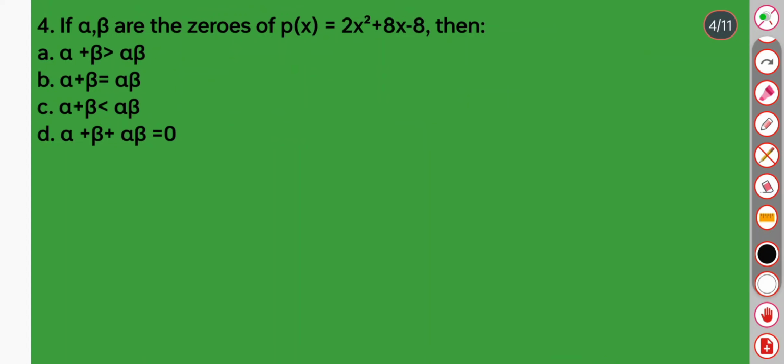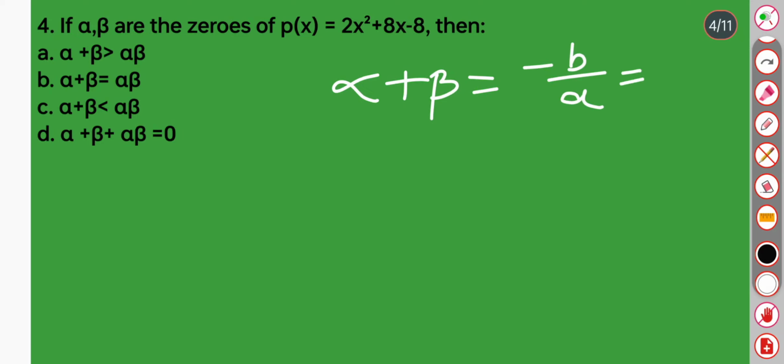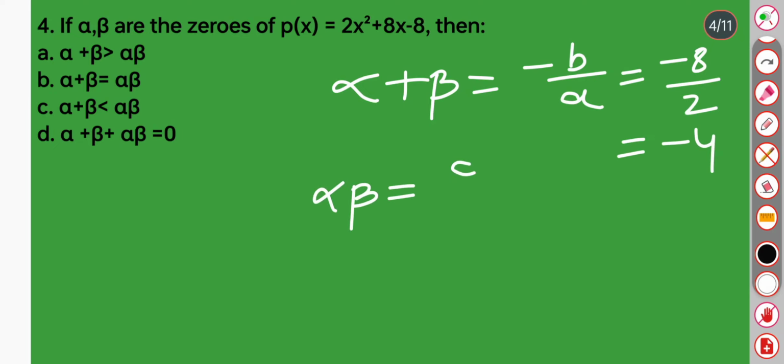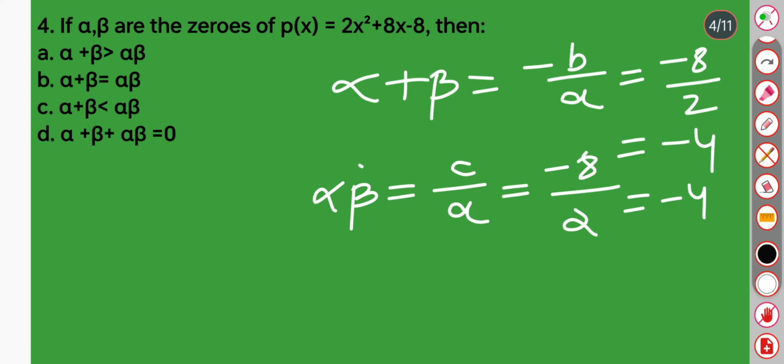Sum of zeros, alpha plus beta, formula is minus b by a. If you put the value, you'll get minus 8 by 2, which cancels to minus 4. Alpha into beta, formula is c by a. c is minus 8, a is 2. So you will get minus 4.